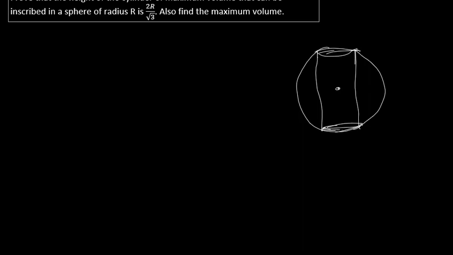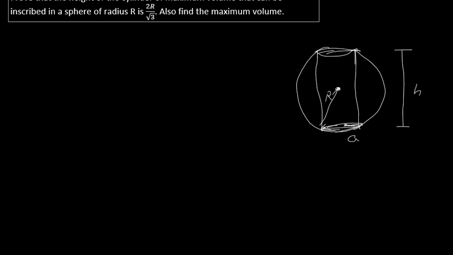So prove that the height of the cylinder of maximum volume that can be inscribed in a sphere of radius r. Now the radius of this sphere: if I join these 2 points, I have radius r. For this cylinder, let the radius be a and the height of the cylinder be h.